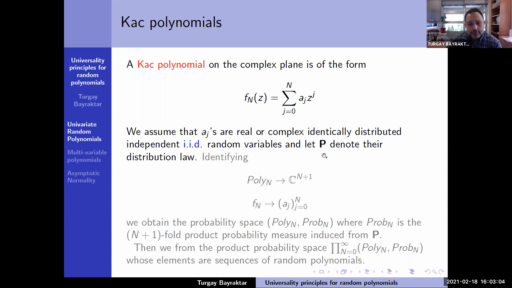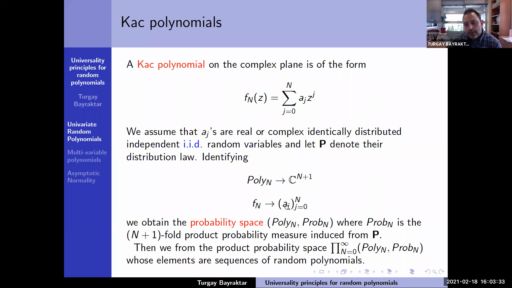Now, I will describe how you put a probability measure on the complex vector space of polynomials of degree n. So you identify the polynomial with its coefficients. Well, they're random variables, but if you identify a deterministic polynomial with its coefficients, you get a vector in C^(n+1), where n is the degree.